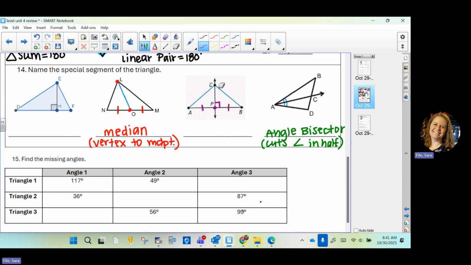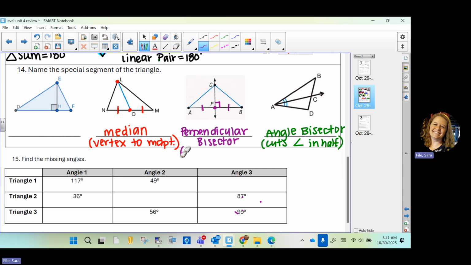So this segment CP, it's bisecting AB, it's cutting it in half, and it's perpendicular. So that's the name of it, perpendicular bisector.